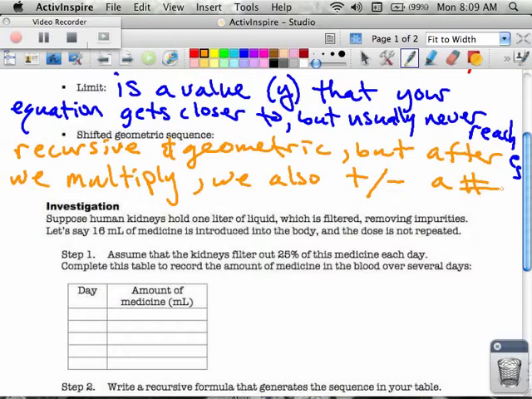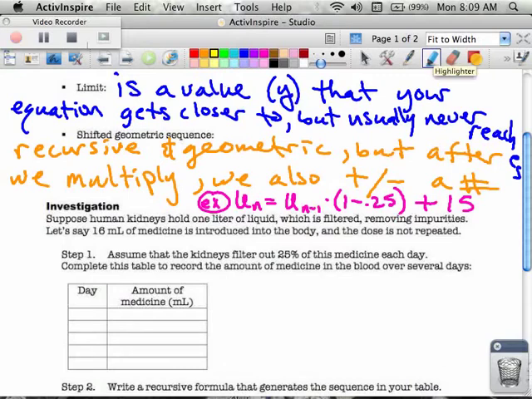For example, maybe I would have u sub n equals u sub n minus 1 times 1 minus 0.25, and then after I get done doing that, I add 15. So the shifting part just means at the end, you have this extra little thing on there. Add or subtract a number.